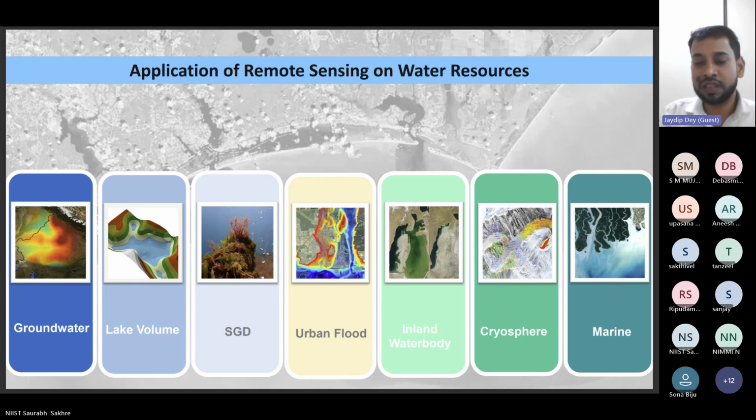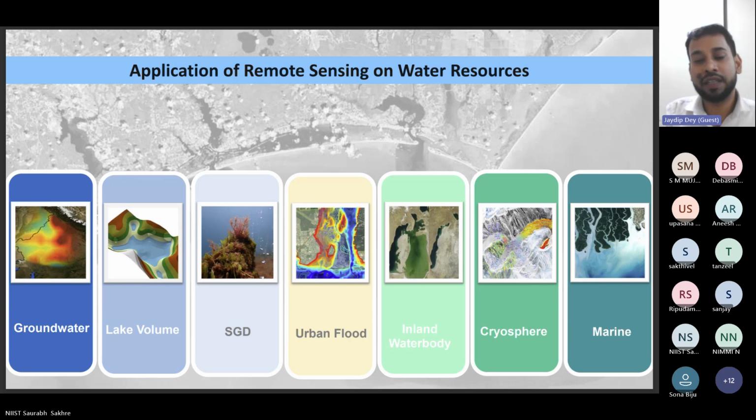We can apply this technique in urban flood assessment and monitoring of inland water bodies. There are two images here of a world-famous lake in the Kazakhstan area. This is the old image, and this is the present condition. You can see how it has changed, and it is almost dry. So we can assess these changes and quantify the water body dynamics.